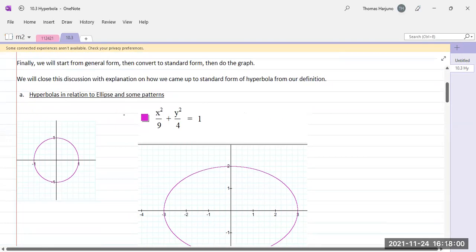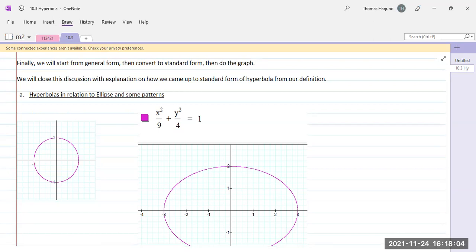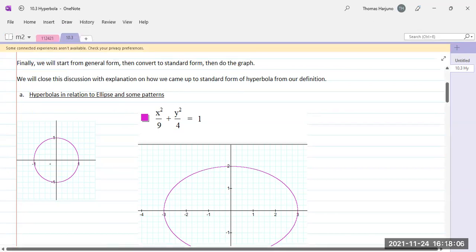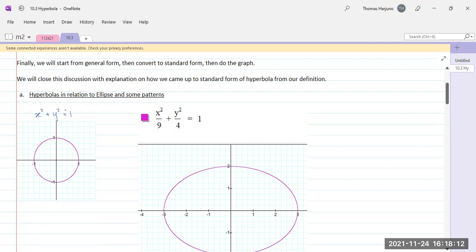First, from the conic sections, we learned about the unit circle, right? The equation of the unit circle is x squared plus y squared equals 1.